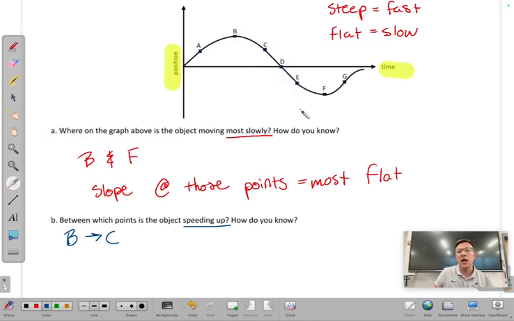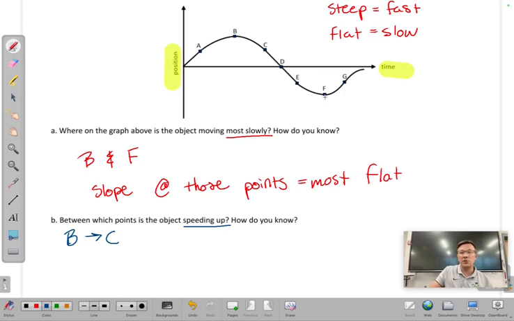After point E, we can see, even though it was steep here, it does start to get flatter, so that is not going to be the location we're interested in. But because point F is the flattest point on this half of the graph, and then it goes to point G, this slope is getting a lot steeper from here to here, right?